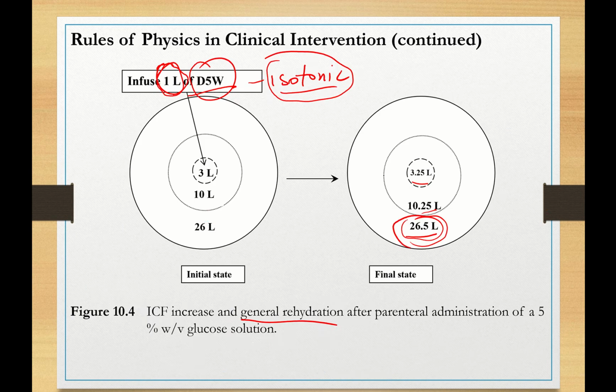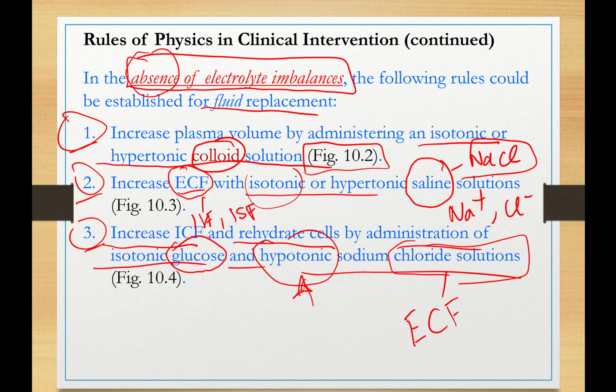We said that you can increase the volume of plasma by administering an isotonic or hypertonic colloid solution, because colloids stay in the blood circulation and they draw water from the other compartments. You can increase the extracellular fluid with isotonic or hypertonic saline, okay, because saline, or sodium chloride, stays in the extracellular fluid and doesn't get inside the cells. And you can increase intracellular volume with dextrose, okay?